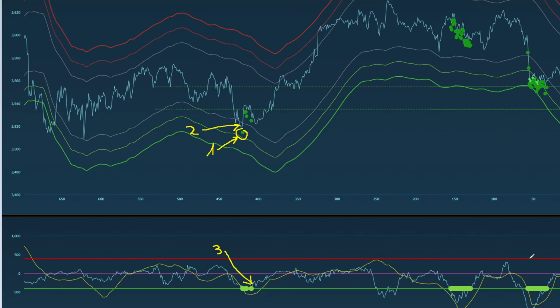But you can see right here, for example, look at this situation. The first thing is, okay, we have a dot, so there's condition 1. Second condition is met because the price is at or even below the gray band. Okay, and you would go long here, right?